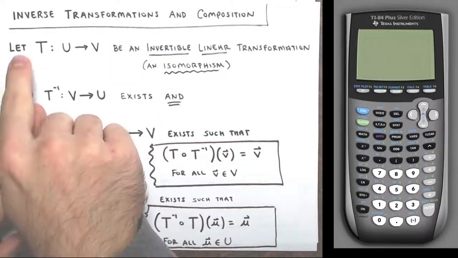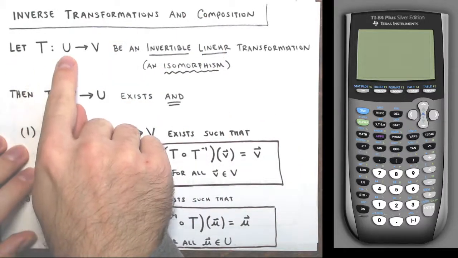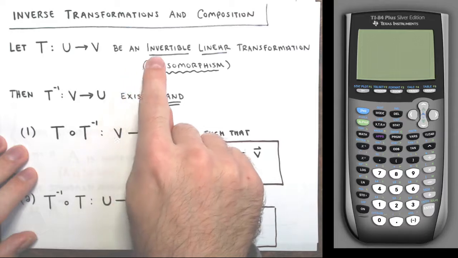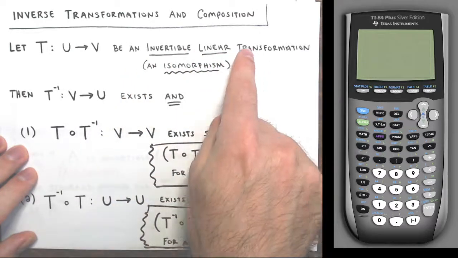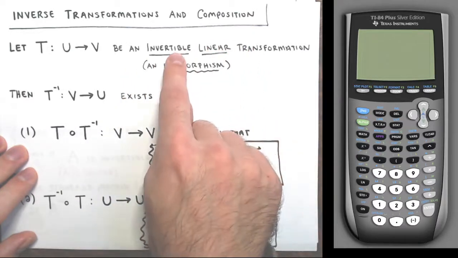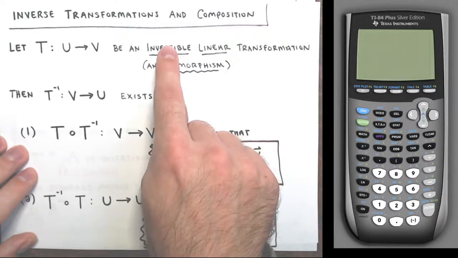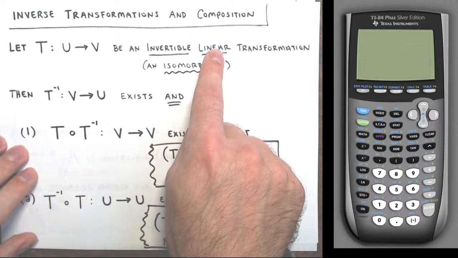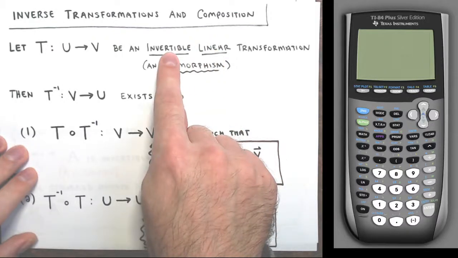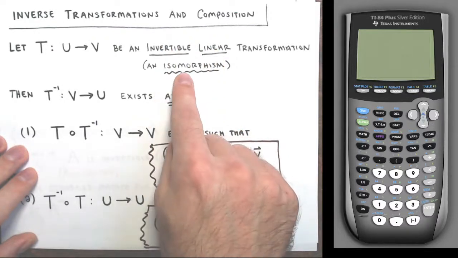So suppose T, again from U to V, is an invertible linear transformation. So it's linear, and we know it's invertible as well. Now, another name for an invertible linear transformation, a linear transformation that's both one-to-one and onto, remember that was called an isomorphism.